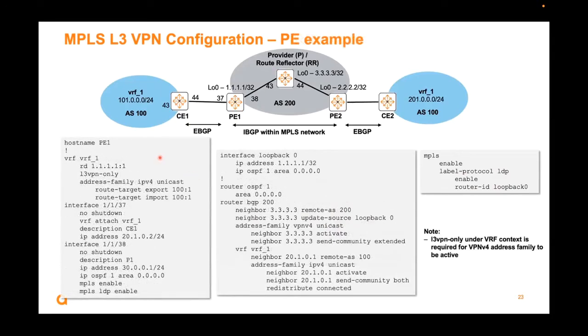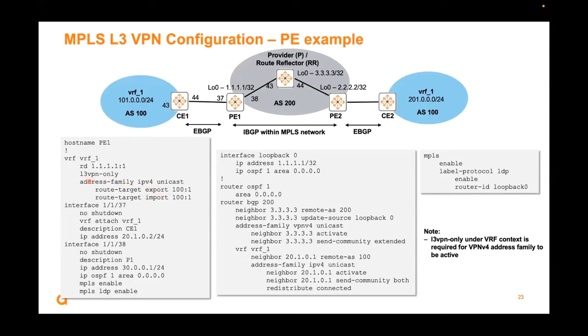On the PE, it's very similar. The differences are the VRF is required. Because at the P, there's no connected CE, right? So there's no VRFs required. But on the PE, you do have a connected CE, so you do want to have your VRFs. So in the VRFs, you have your route distinguishers, and you have your route targets as part of the address family IPv4 unicast.